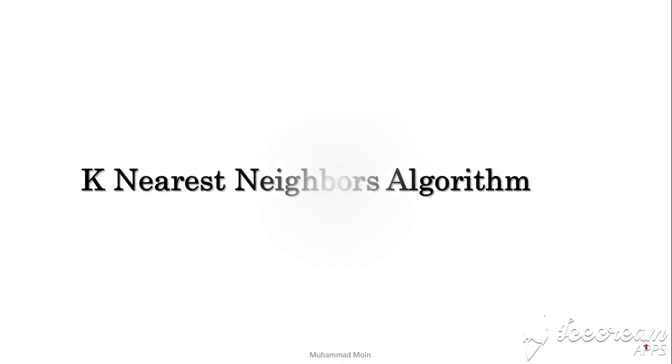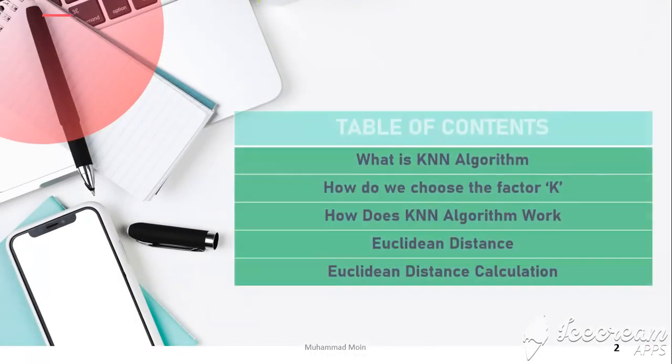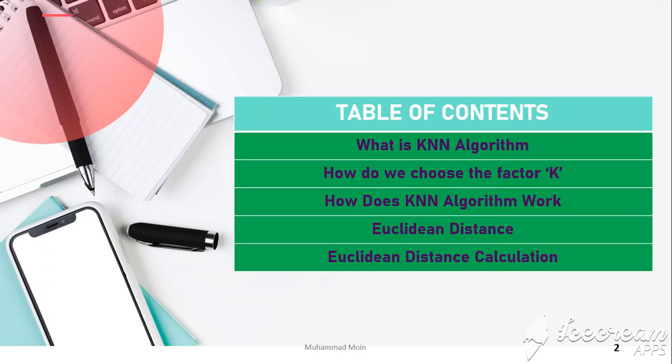In this video tutorial, I will be discussing the k nearest neighbors algorithm, which is also known as KNN. So let us first look at the table of contents. In the first part, I will be discussing what the KNN algorithm basically is. In the second part, I will be discussing how we choose the factor k in the k nearest neighbors algorithm.